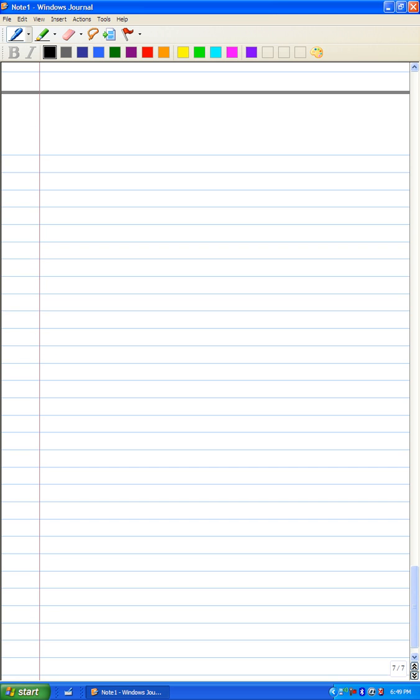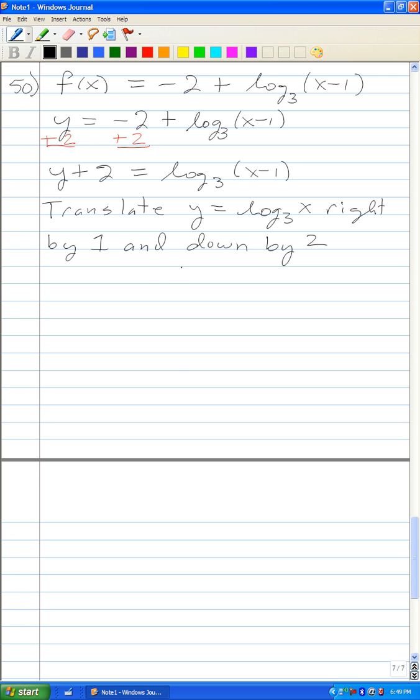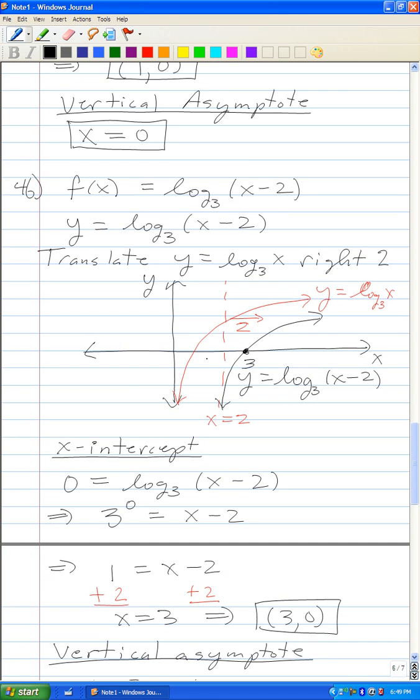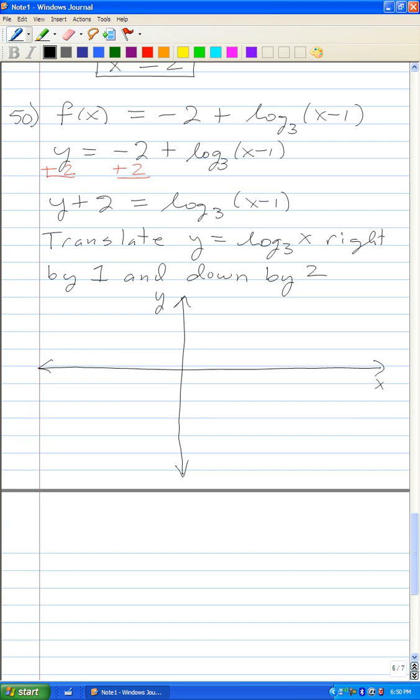Okay, so let's do that. So let's sketch a graph of this. So log base 3 of x, well, we just did it. There's log base 3 of x. So let's do the same thing. And so I go to the right one, and I go down 2.